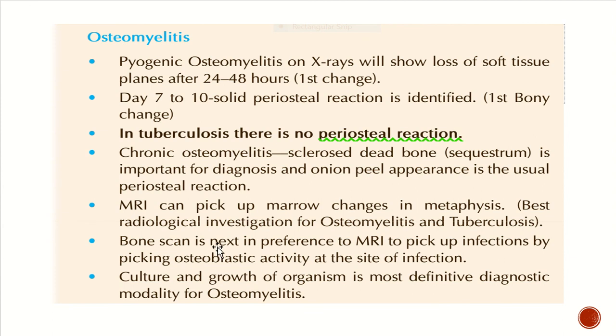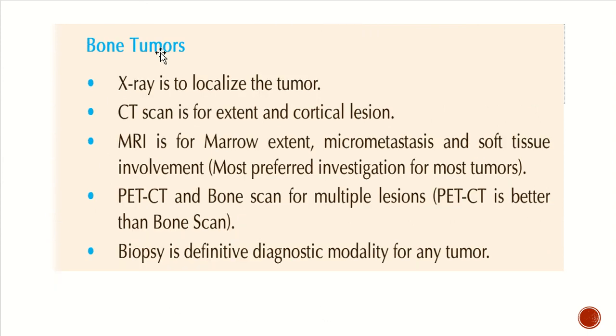As we already discussed, for osteoblastic activity bone scan is good, because the dye is taken up by osteoblasts. Culture and growth of the organism is the most definitive diagnostic modality for osteomyelitis.